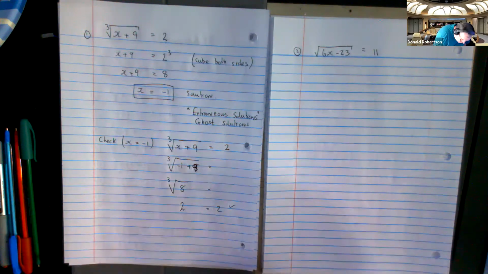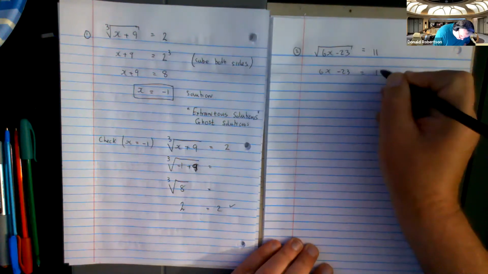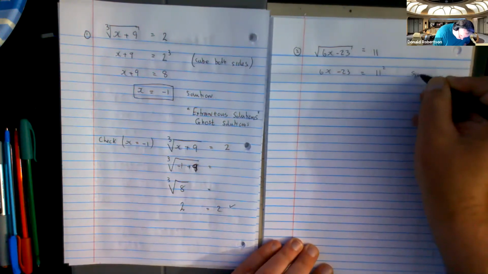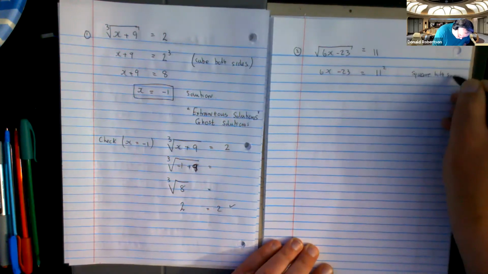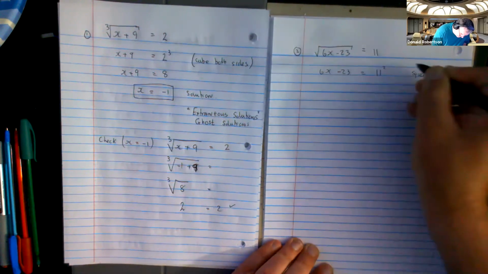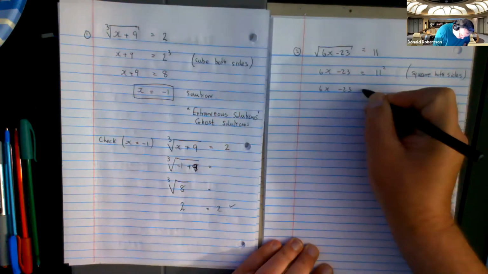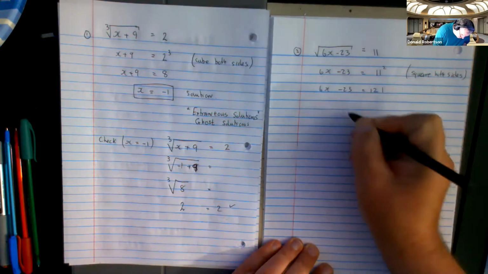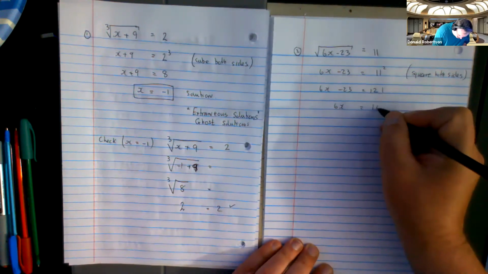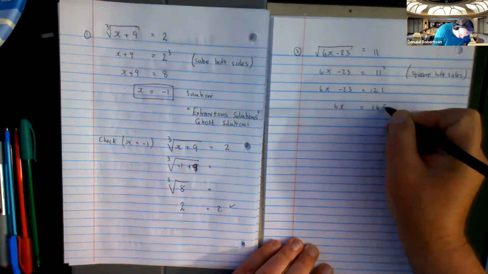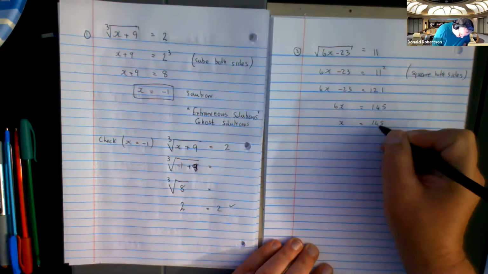Maybe that's what you meant. So you take this guy and you square both sides. And that gets me 6x take away 23 is 121. If you add 23 to both sides, you get 145. You then divide both sides by 6.